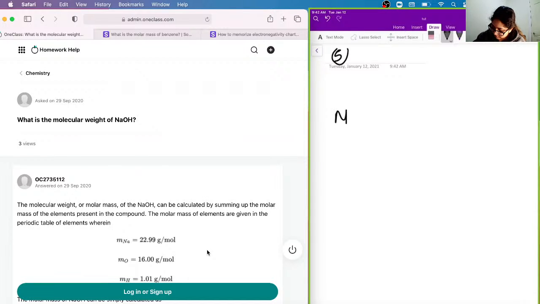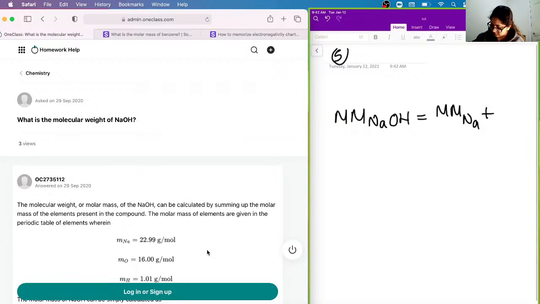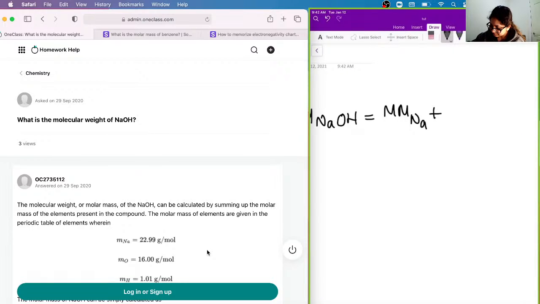We have 3 elements making up sodium hydroxide: the molar mass of sodium plus the molar mass of oxygen plus the molar mass of hydrogen.